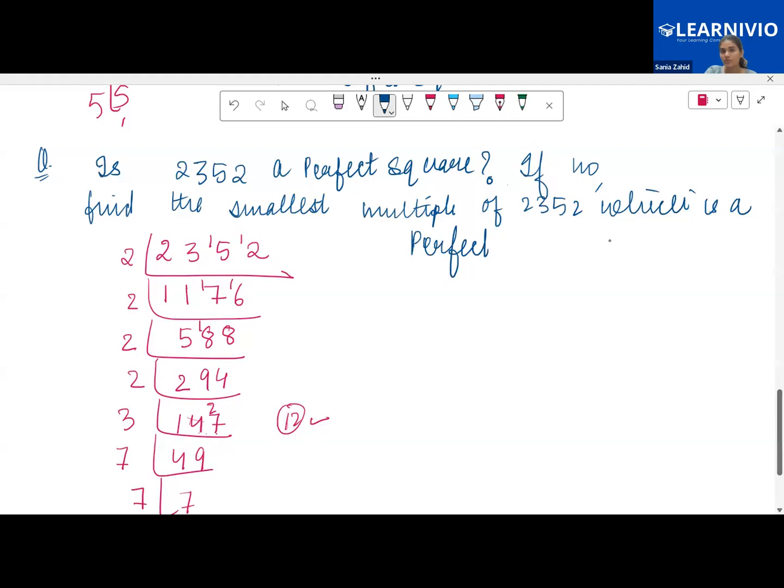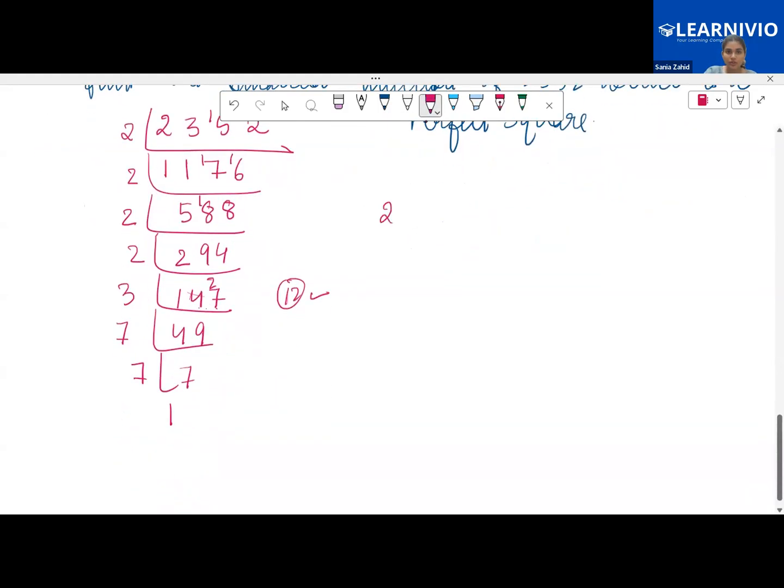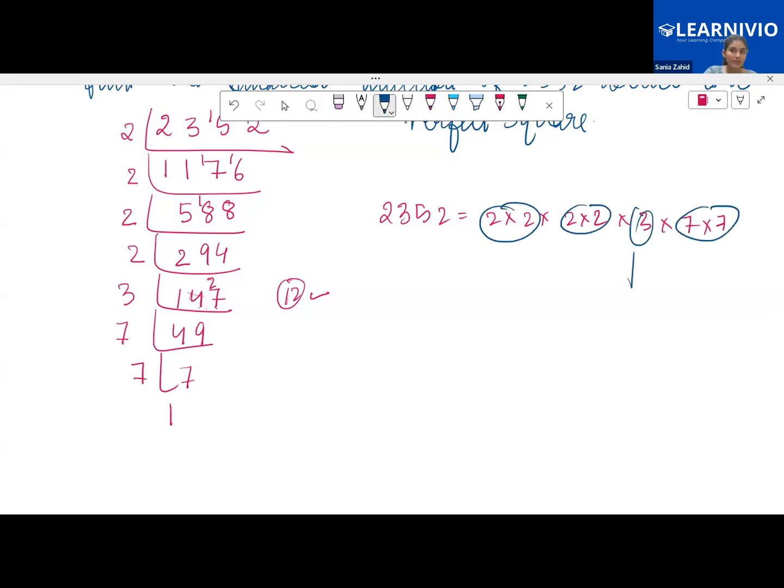So what you will do, see, when you look at the prime factors of 2352, I get 2352 equals 2 into 2 into 2 into 2 into 3 into 7 into 7. So I can make pairs over here. One pair, second pair, and third pair. 3 is left alone. It does not form a pair. So what will I do?